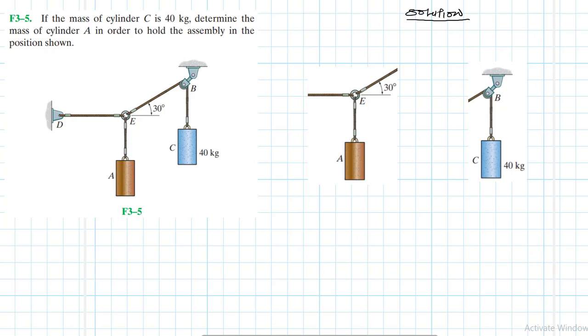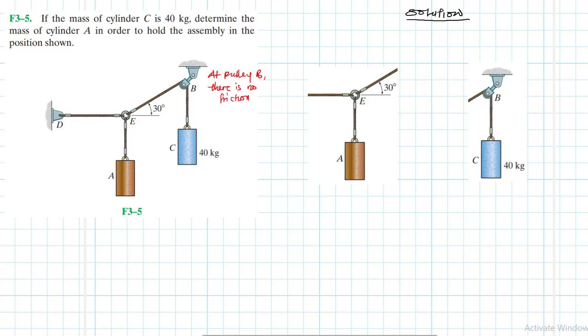So what we're going to do is draw the free body diagram, but before we do so, let's have a little discussion about this assembly. We have pulley B, and we are assuming at pulley B there is no friction.